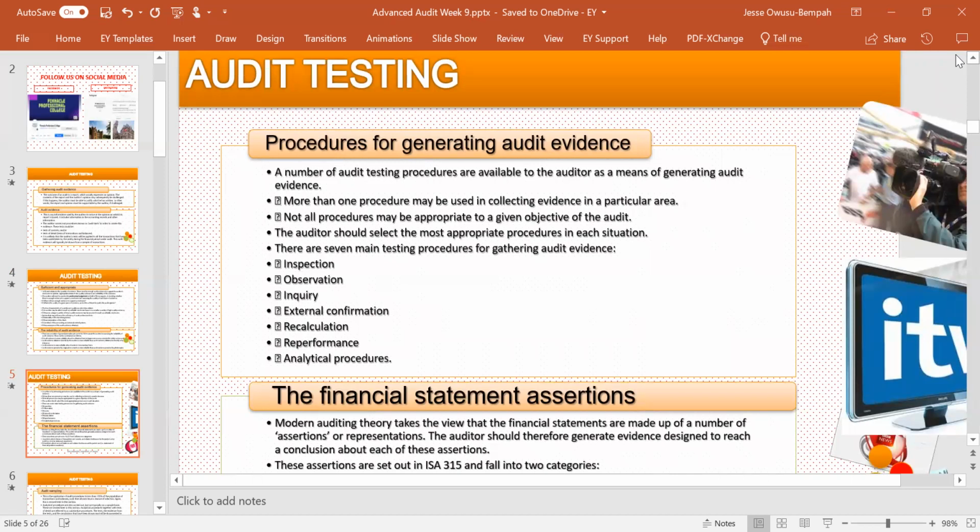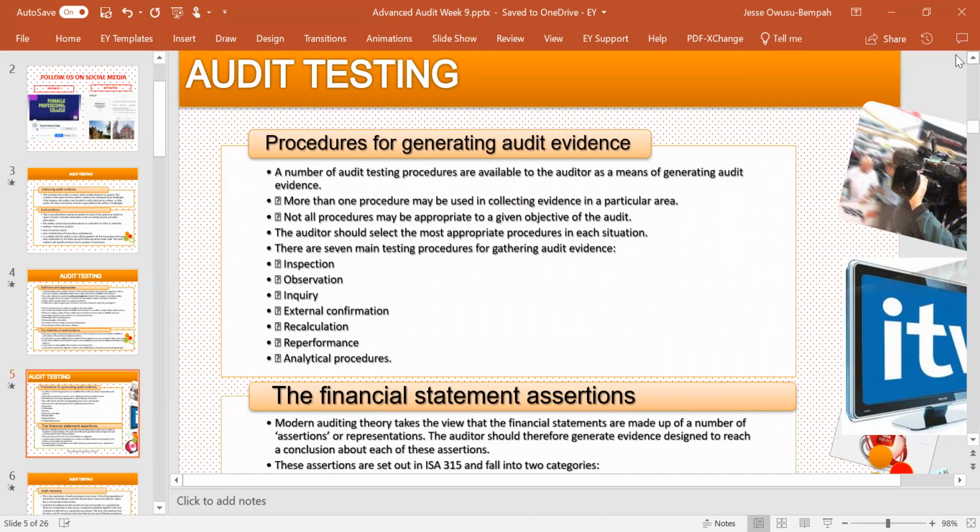You can also do observation. Observing an inventory count, for example, is an example. You have inquiry. Inquiries mean asking somebody who can give you the information you want. So inquiring from management is a typical example.